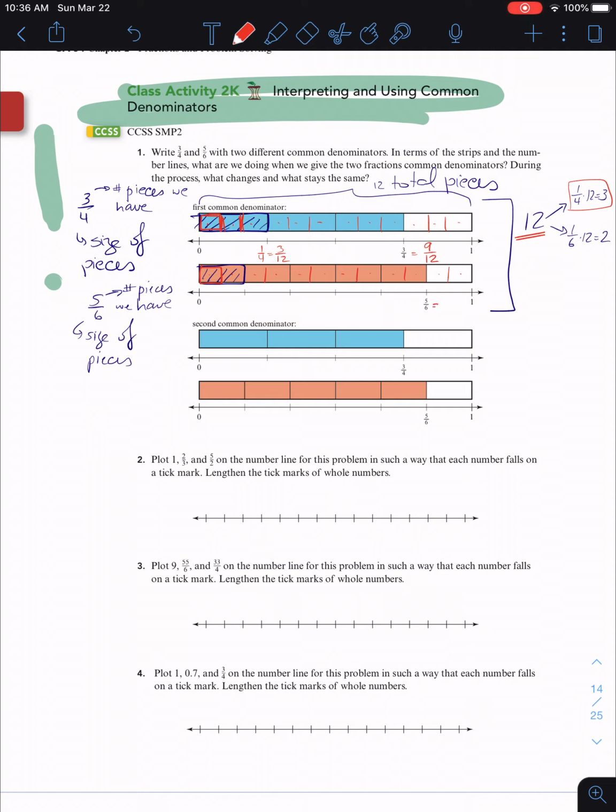Now, for 5/6, we cut the sixth into 2 12ths. So there are twice as many little pieces, so there need to be twice as many pieces on the top as well, because every sixth is now cut into 12ths. All right, so now it's easy to compare 9/12 versus 10/12. We know that 10/12 is actually bigger.